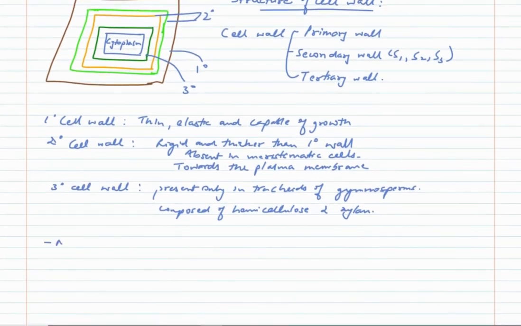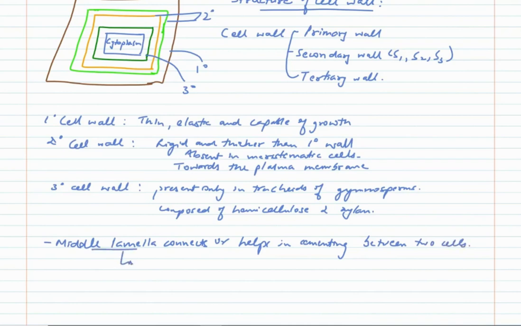Middle lamella helps in cementing between two cells. Middle lamella is composed of calcium and magnesium pectates.